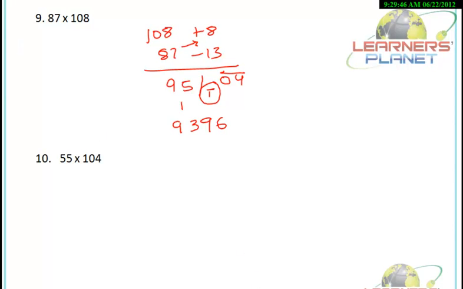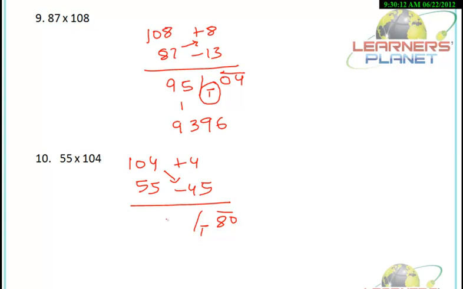Let's take another example. It's 104 into 55. It's plus 4. It's minus 45. Now 45 into 4 is 180. 45 twos are 90, and 90 into 2 is 180. Now 104 minus 45 or 55 plus 4.